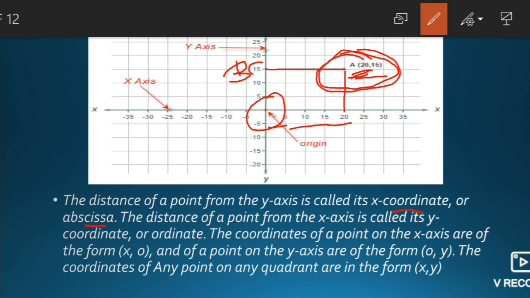That means the distance from the y-axis is the x-coordinate. That's why the x-coordinate here is 20.